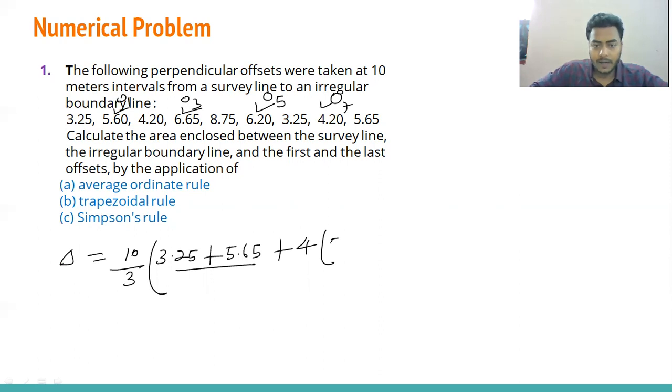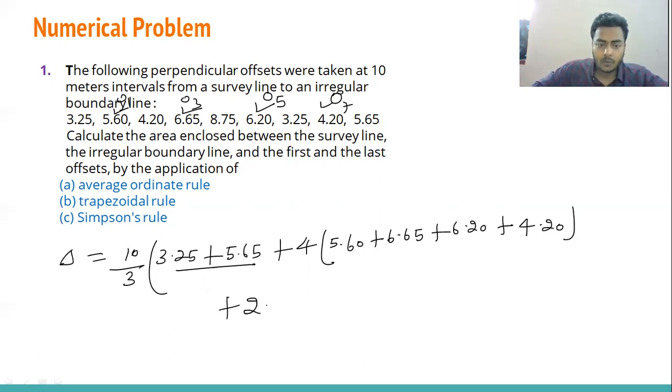So we can write 5.60 plus 6.65 plus 6.20 plus 4.20. Now plus 2 into the even ones, O2, O4, O6.